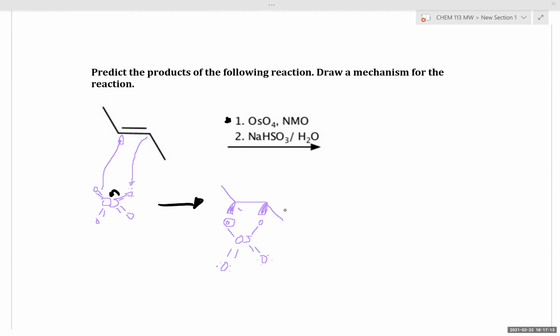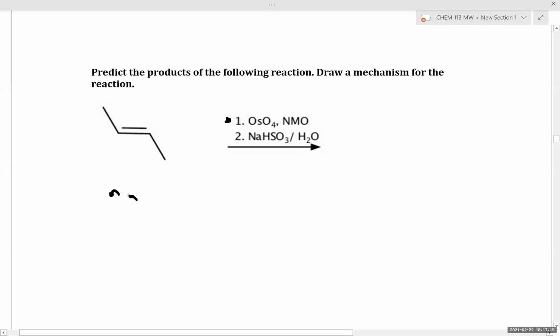Yep, so let's draw the first step. So let's clear that student annotation as the student drawn mechanism looks exactly reasonable. So we have our osmium tetroxide. It attacks on the same face.